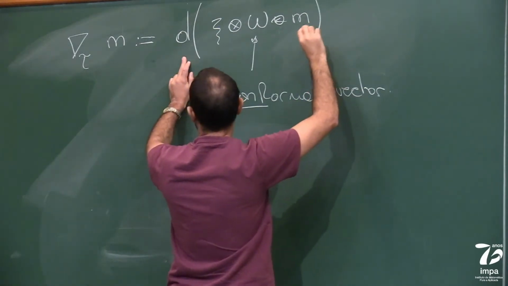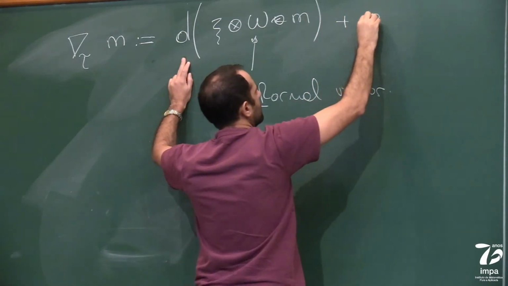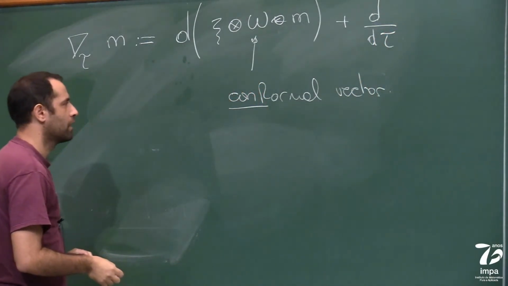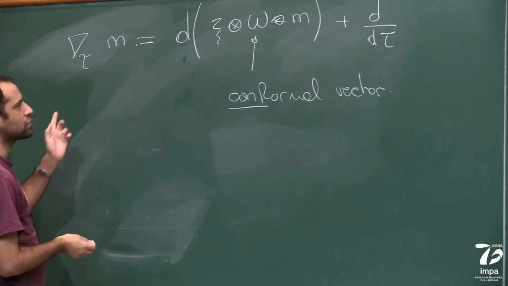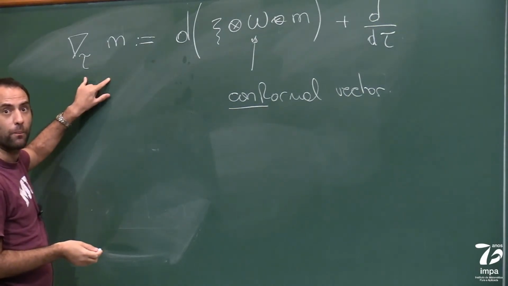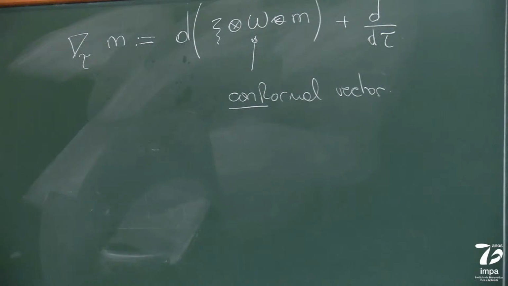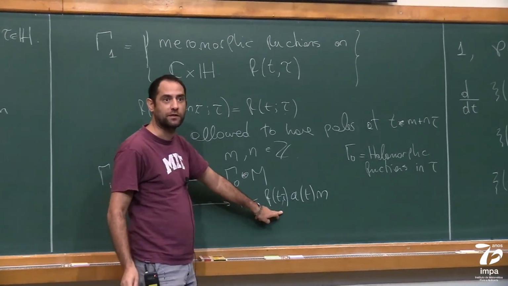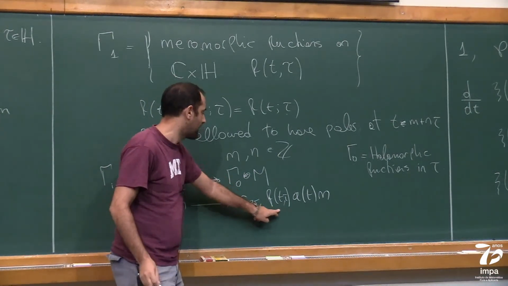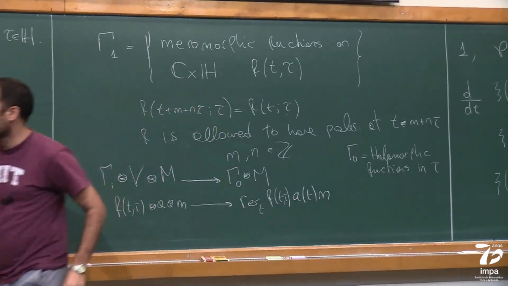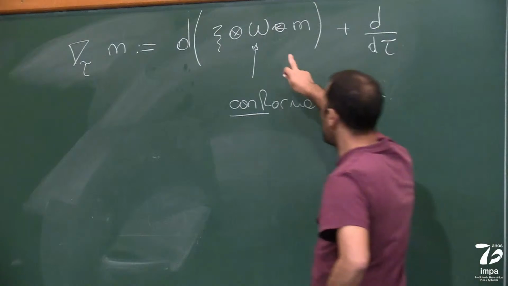So explicitly, this is d by d tau. So this is the action of the vector field d by d tau. It acts on this function gamma 0 by just differentiating it with respect to tau. This factor wasn't there when I fixed tau, and it acts on the other guy by adding this.